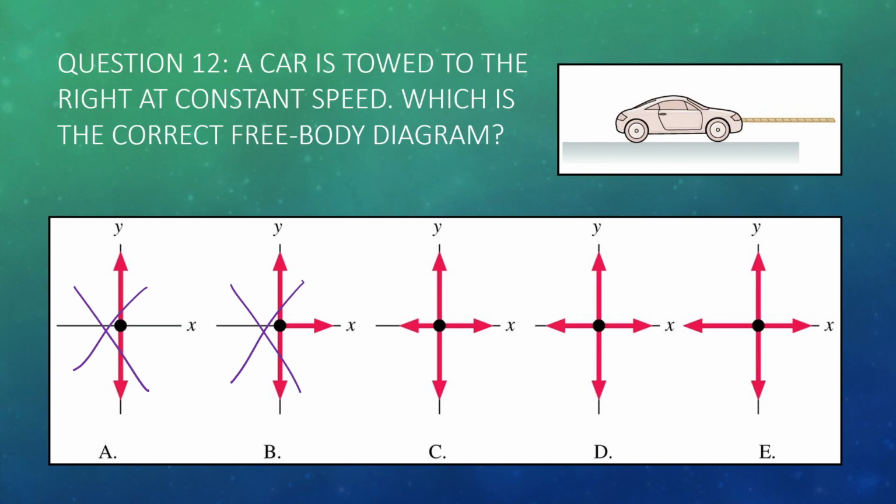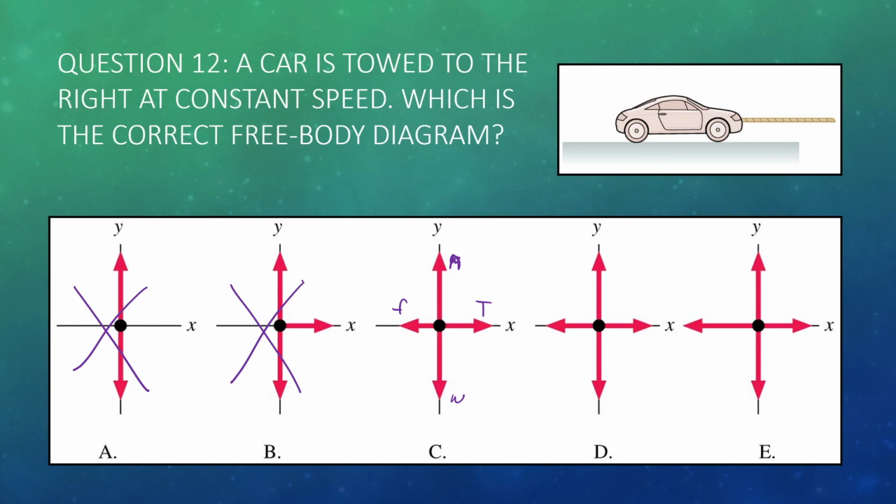This brings us to options C, D, and E. All of these show the correct 4 forces, but there's a difference. C shows that the tension is greater than the friction. Oops, that's normal force. This is weight. Imagine using the same letters over here. In D, the 2 forces, friction and tension, are the same. And in E, the friction is the larger of the 2.